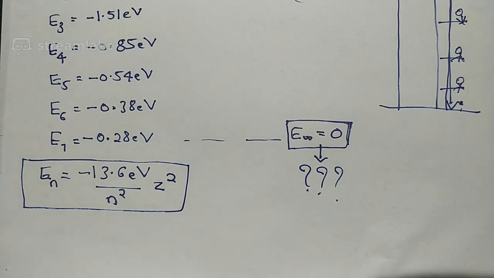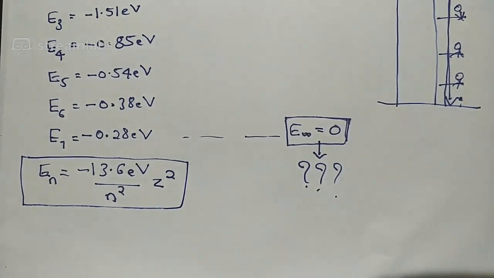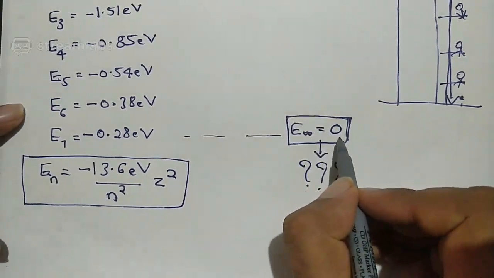If you take the outermost electron, whose energy is very, very less or very close to 0, we treat that electron as a free electron. We will study in the topic current electricity that there are an infinite number of free electrons in a metal, especially in conductors. Those free electrons are the electrons in the outermost orbit and their energy is close to 0. So that is the meaning of E equal to 0.